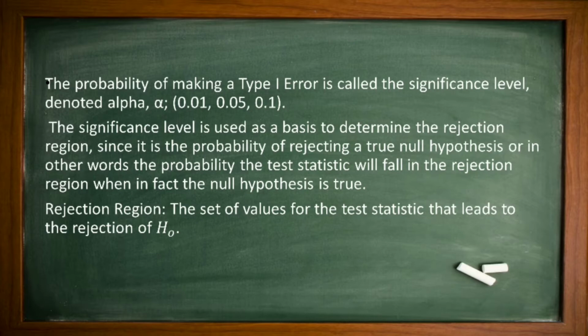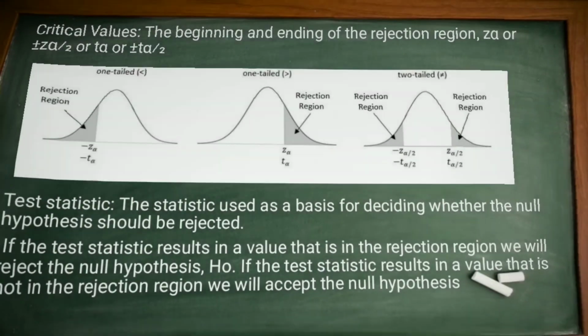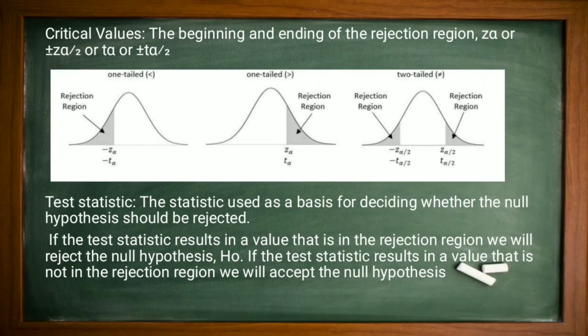It is the set of values for the test statistic that leads to the rejection of the null hypothesis. Okay, so we also have the critical values. It is the beginning and ending of the rejection region.